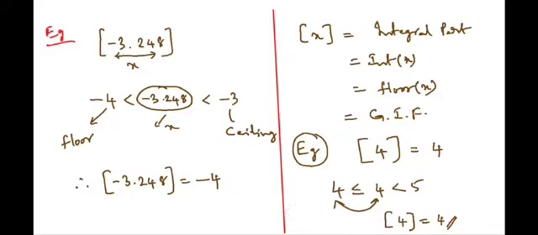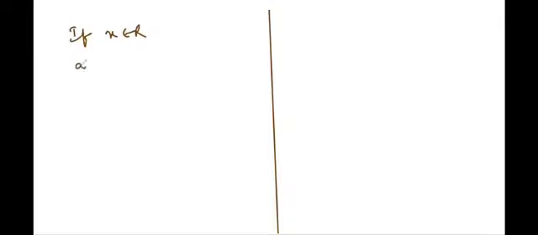So, consolidating all these examples and even our definition, we can generalize the definition like this now. The generalized definition is: if x is any real number, which can sometimes be an integer also, and x is lying between n and n plus 1, where n is an integer, positive or negative, anything.